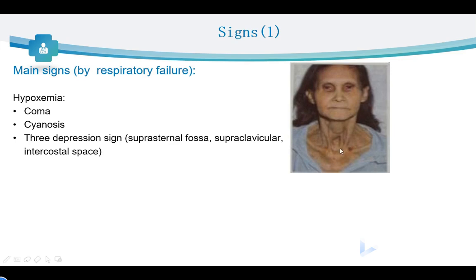This picture shows the three depression sign, including the suprasternal fossa, supraclavicular fossa, and intercostal space. Tachycardia. And finger clubbing for patients with long-term hypoxia.